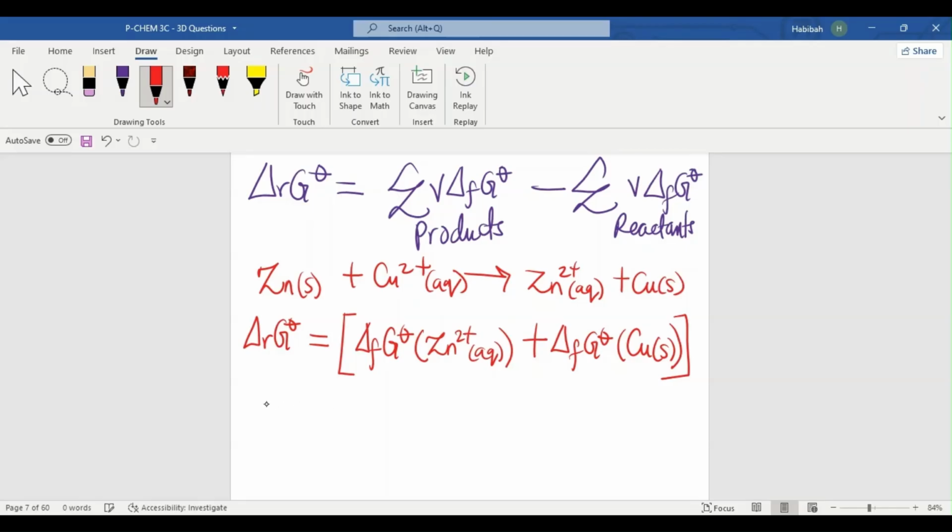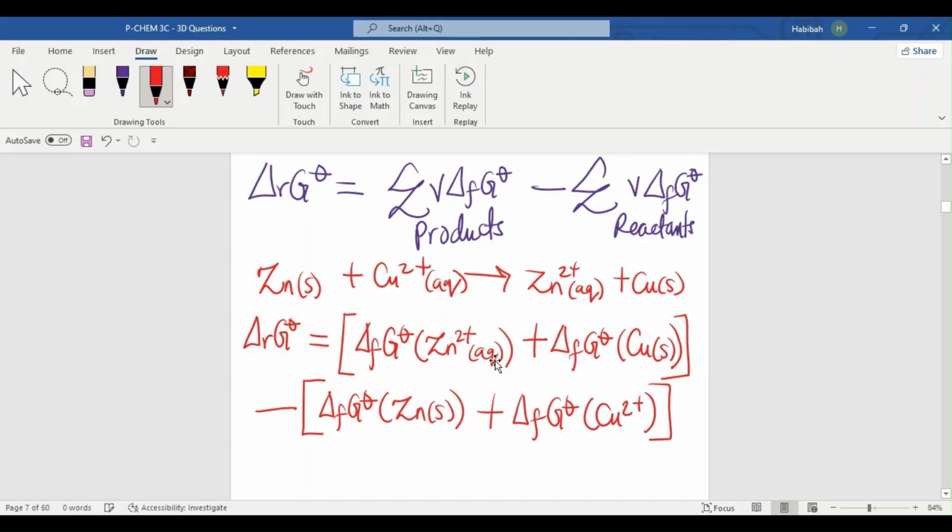All of that minus, now we're going to deal with the reactant side, the Gibbs energy of formation for the first reactant, which is zinc solid, plus the Gibbs energy of formation for the second reactant, which is Cu2+. So you can see that we've properly organized what we have.